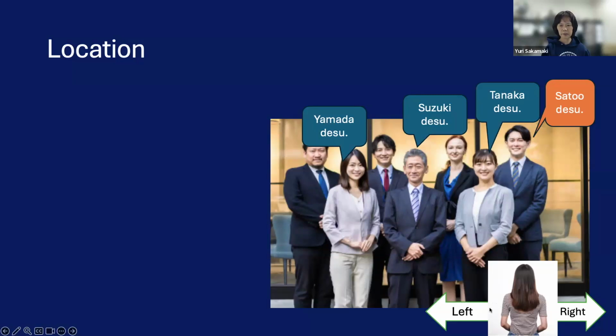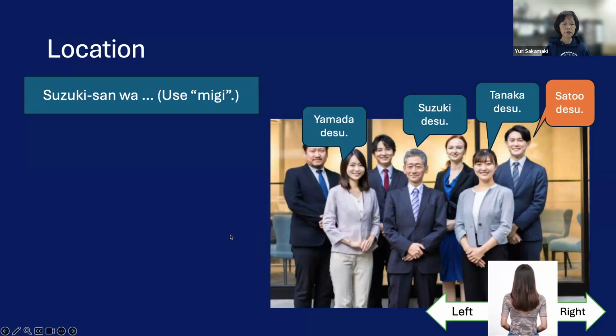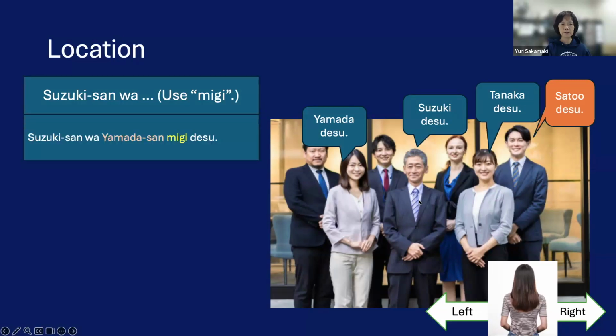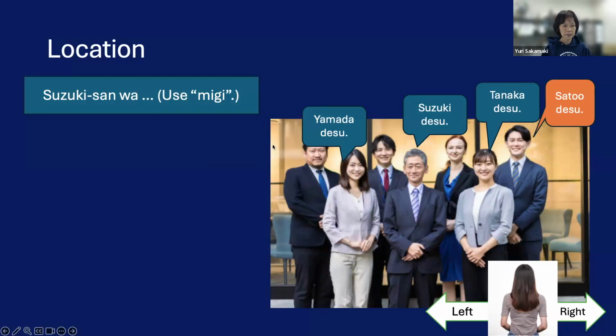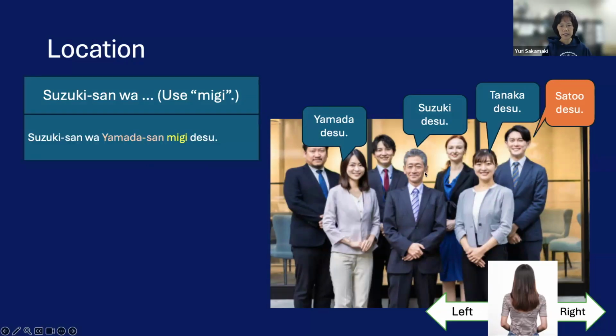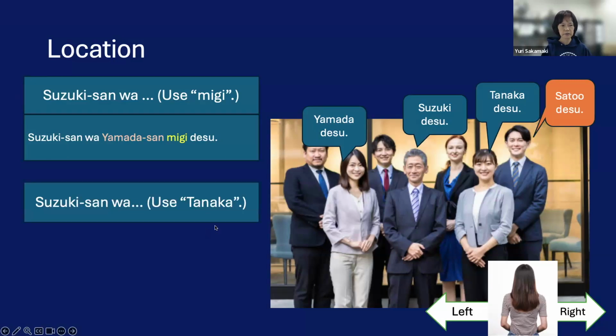We're looking at the picture from outside. So can you explain where Suzuki-san is using the location word migi? If you do that, Suzuki-san wa Yamada-san no migi desu. It's Yamada's right. Yamada-san no migi desu.